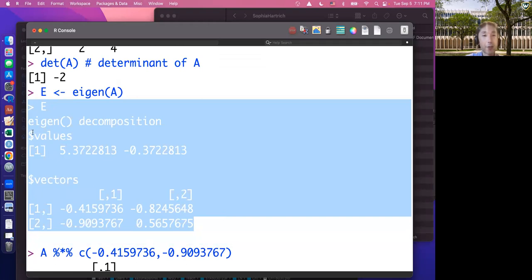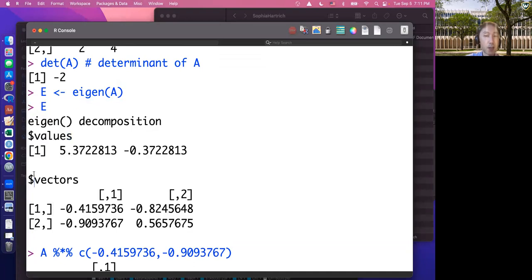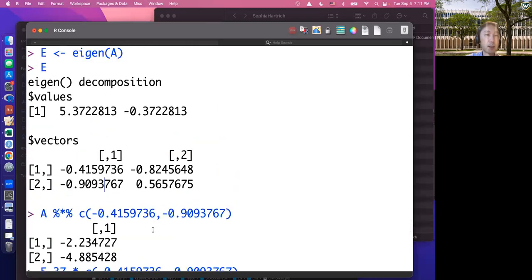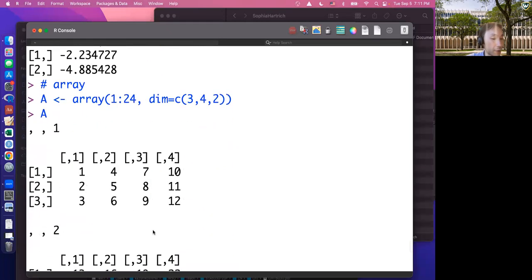The first sub-object is the values, and the second sub-object is the vectors. To be exact, the first object is a two-dimensional vector, and the second object is basically a 2x2 matrix. So we have two objects, and each object has a name. This is called a list. It's not a vector, it's not a matrix, but it is a list.